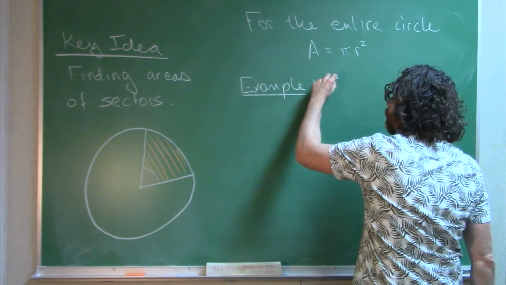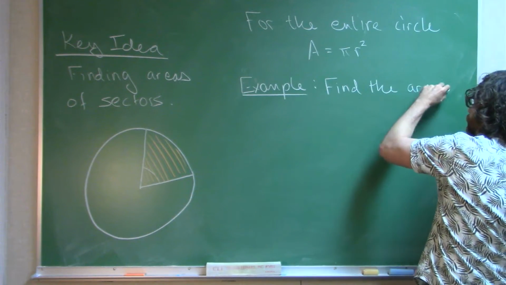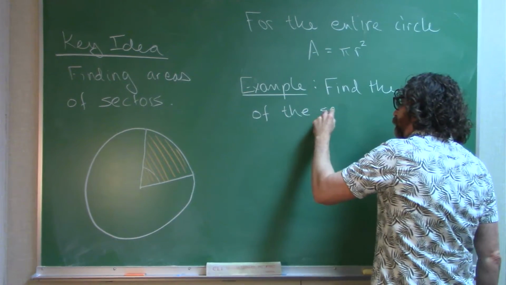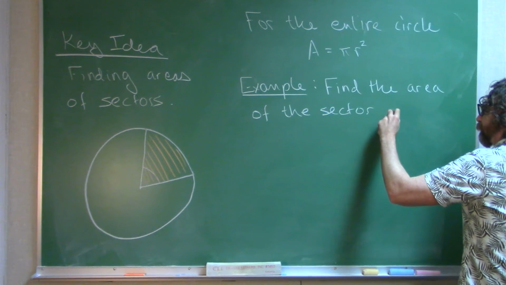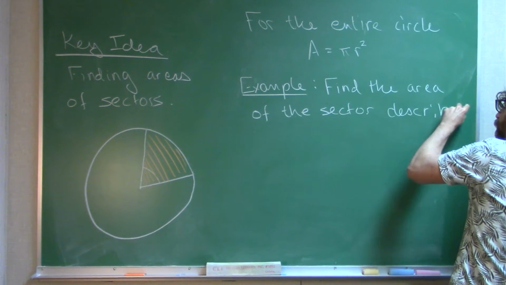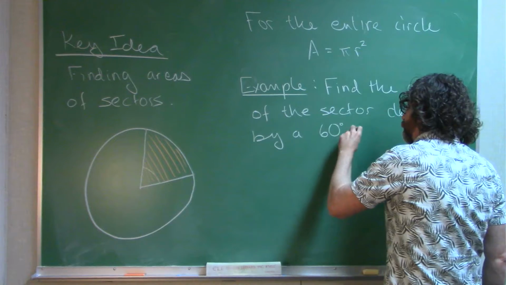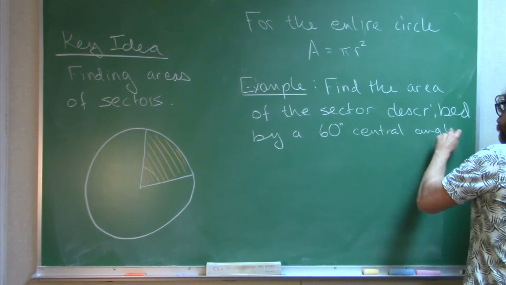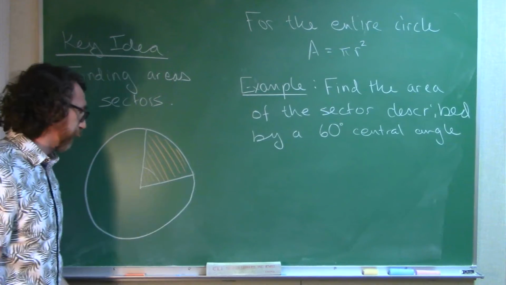So find the area of the sector described by a 60-degree central angle. Okay, so let's go back and use this picture right here again.